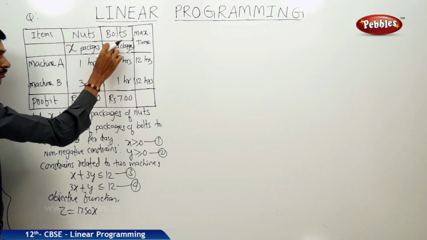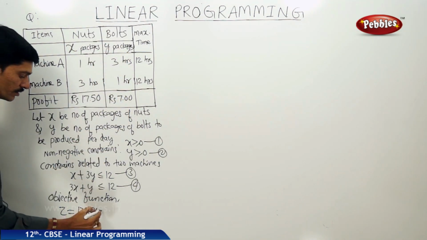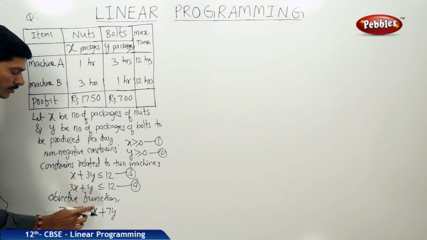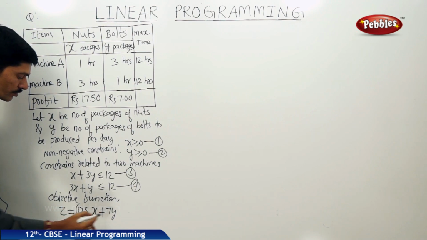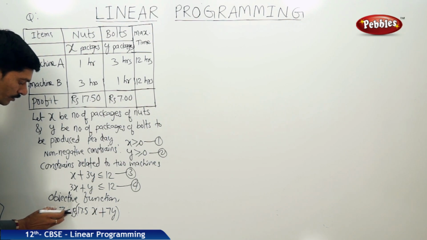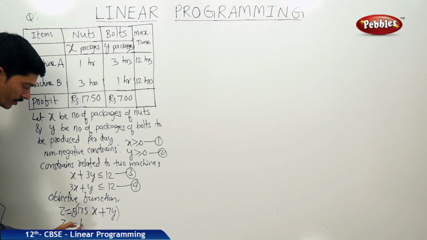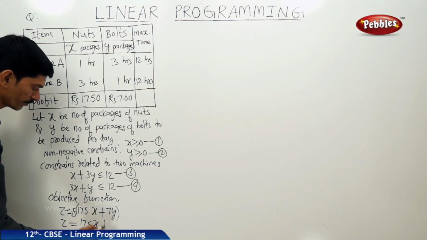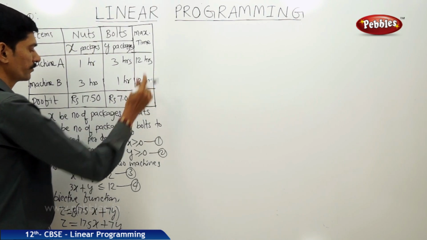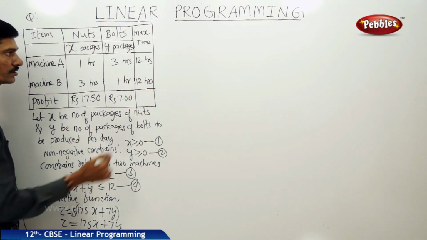So on Y packages of bolts, it is 7Y. So the total profit is 17.5x plus 7Y rupees. So we can write Z equal to 17.5x plus 7y. Now let us draw the graph of these four inequations.